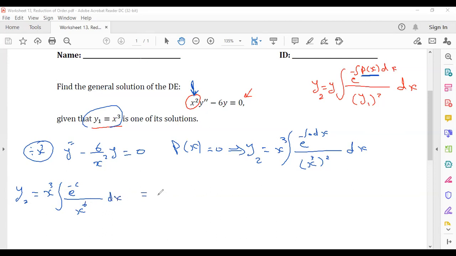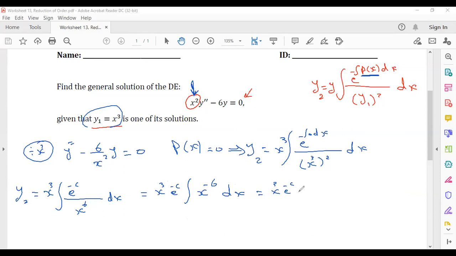So e to the negative c is a constant. So x cubed e to the negative c integral x to the negative 6 dx. The integration is negative 1 over 5 x to the power 5. You are right.